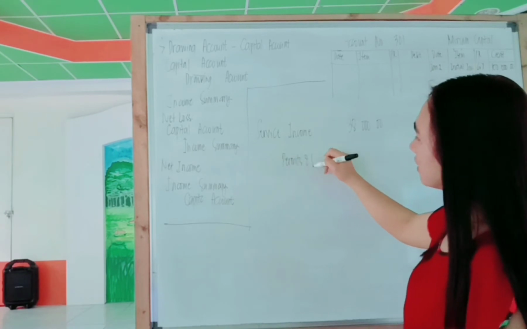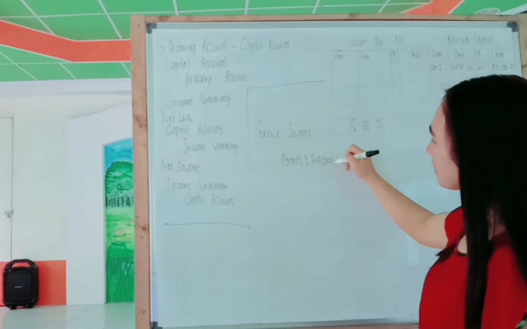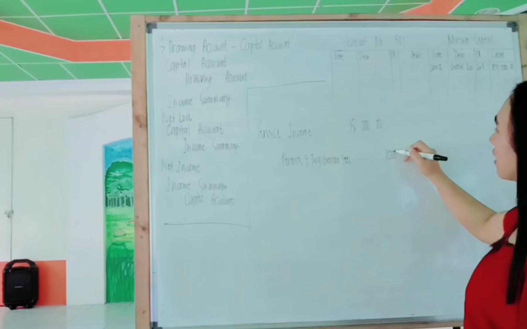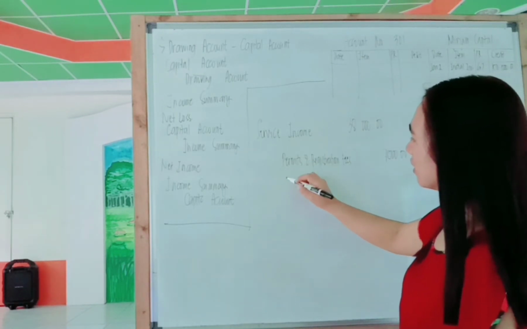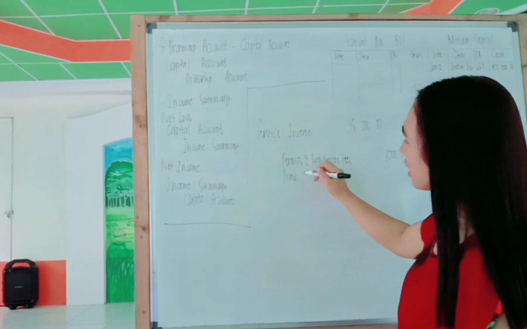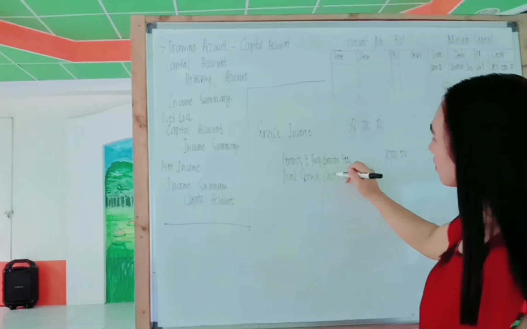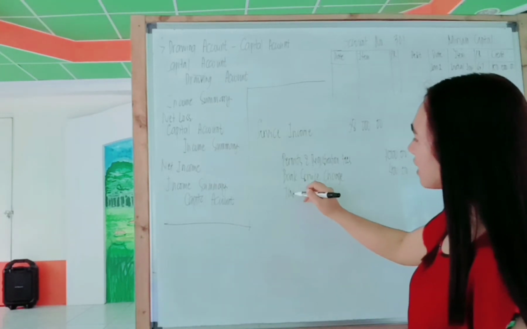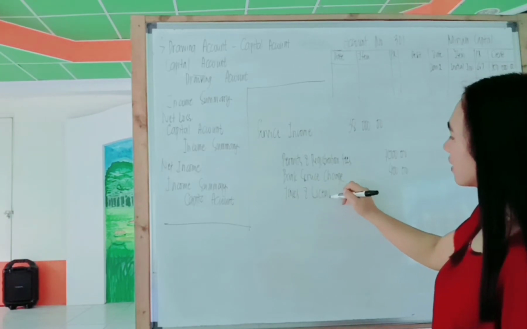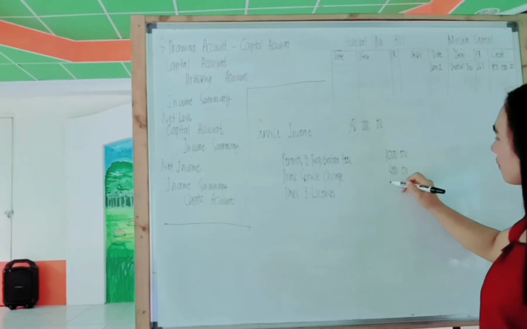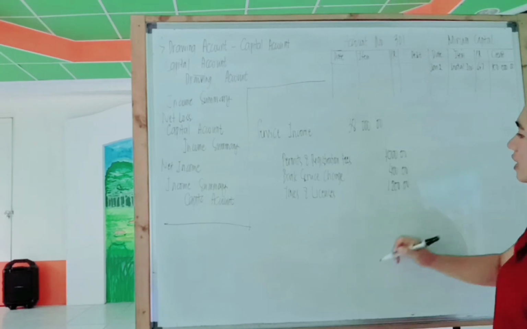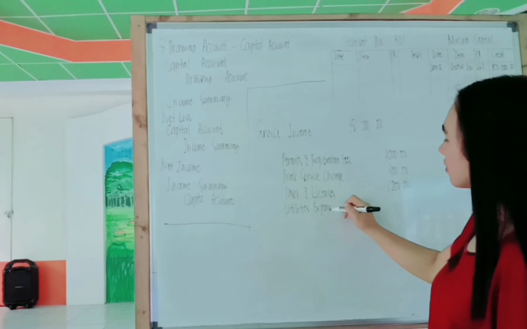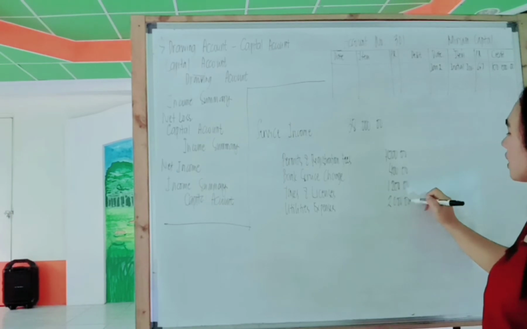Permits and registration fees, we have 7,000 pesos. And then, we have bank service charge, 400 pesos. And then we have taxes and licenses, we have 1,200 pesos. Utility, 2,000 pesos.